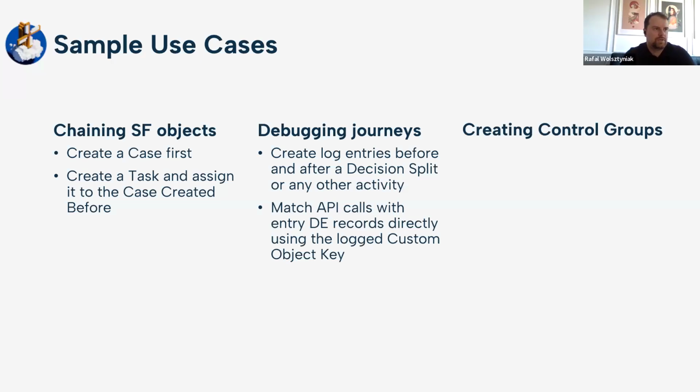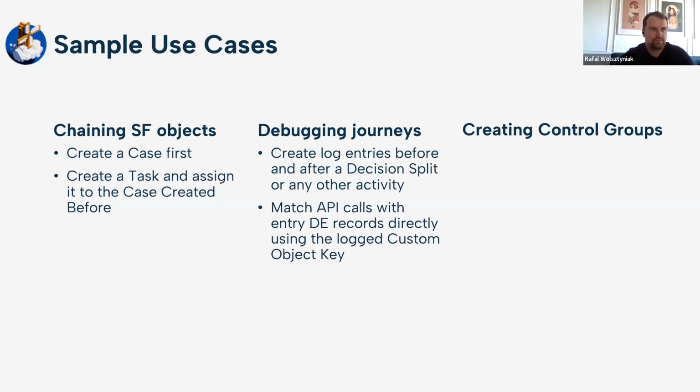You can match API calls that injected customers into the journey exactly, so you know when an API call is made, this ID is being returned. So your IT probably has those logs somewhere.